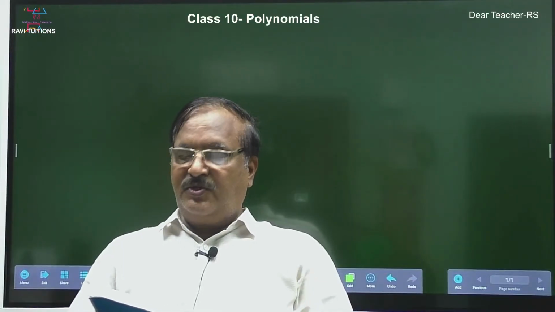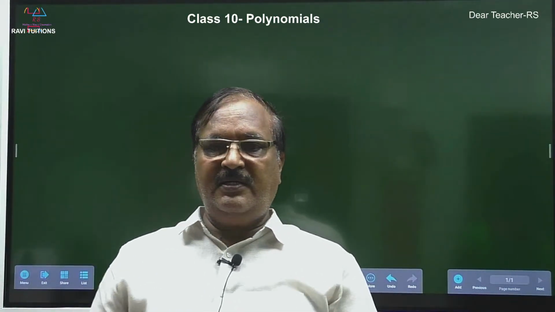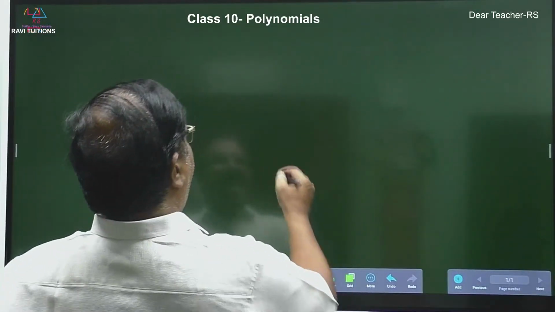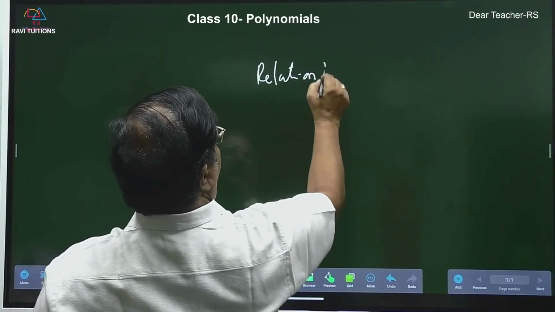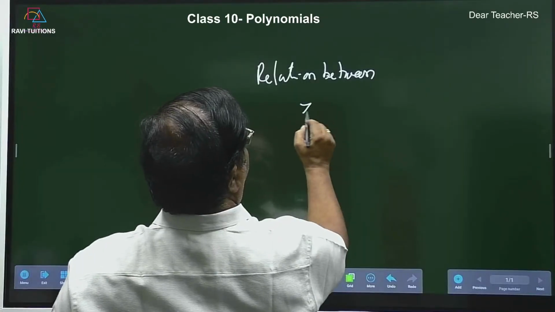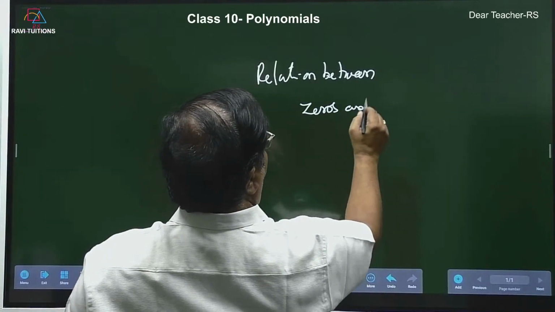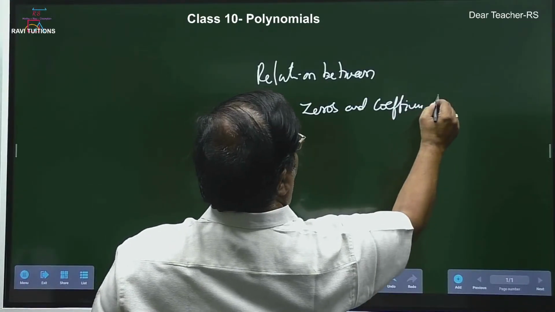So now let us go to next question. It is the relation between zeros and coefficients of quadratic polynomial.